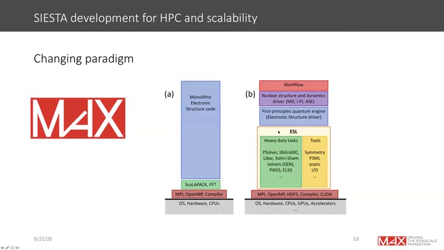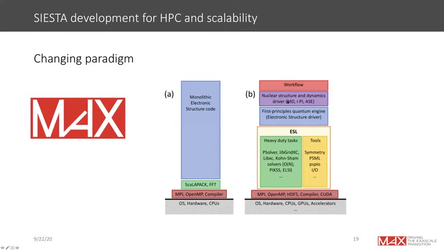We're changing to this other new paradigm in which the electronic structure driver is in itself a part of a much more modular entity in which we're dealing with different kinds of things at different levels.